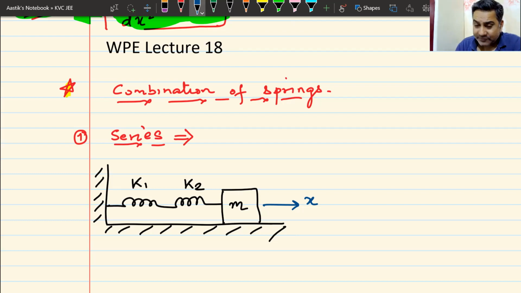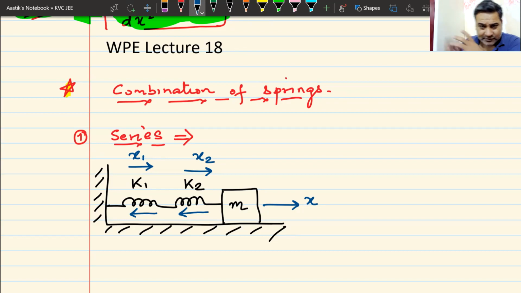Okay, the extension in the spring will be different. If this spring extends by x2, let us assume that this spring will extend by x1. So they will have different extensions. But if I talk about the force acting on the springs, this spring will try to pull it back, and this spring will also try to pull it back.